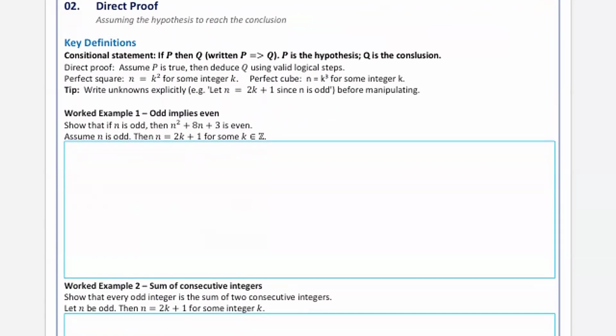Show that if n is odd, then n squared plus 8n plus 3 is even. Assume n is odd, then n is 2k plus 1 for some integer k. Okay, how to do that?